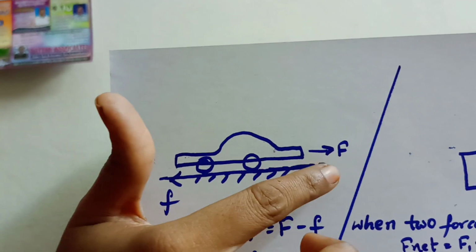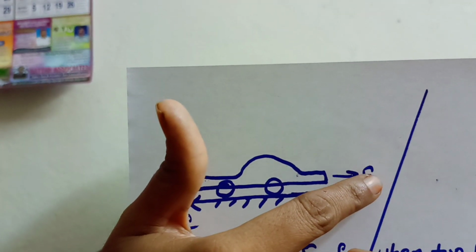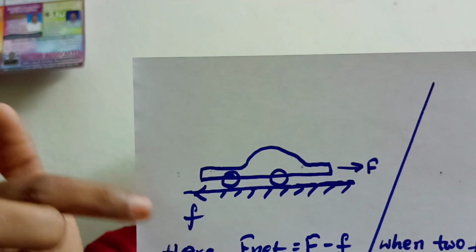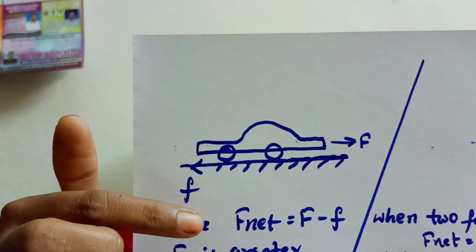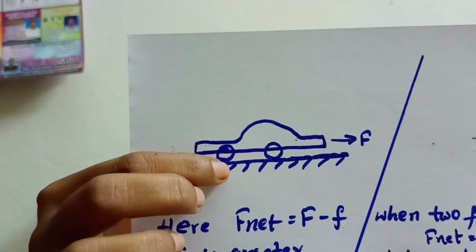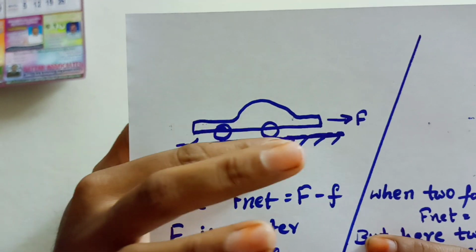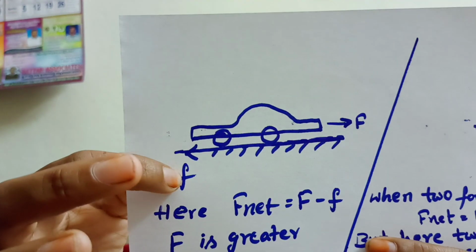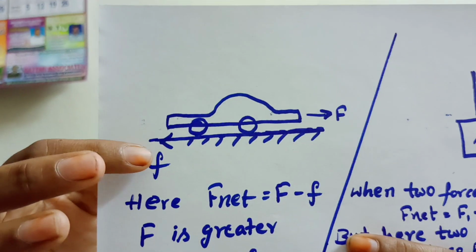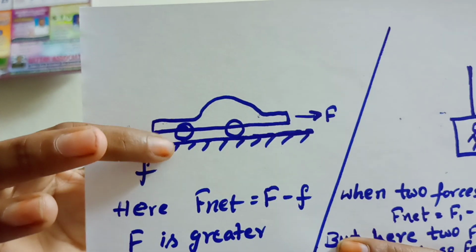Now think, there is another force acting between the wheels of the car and the road at the point of contact. This is friction. We studied it earlier. So the car has two forces.